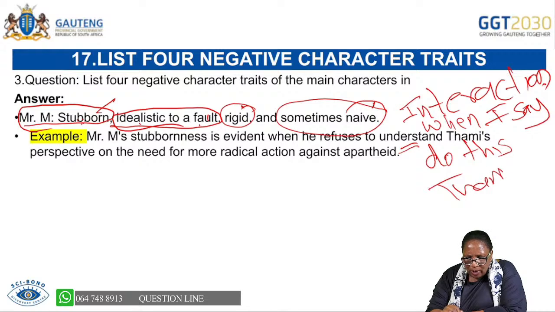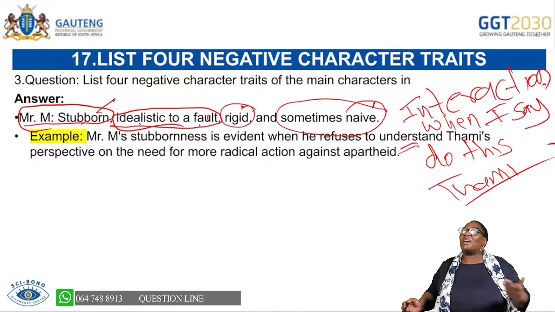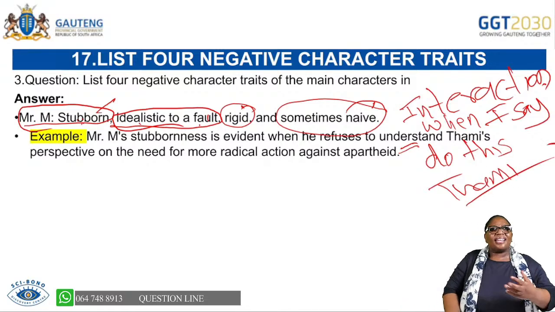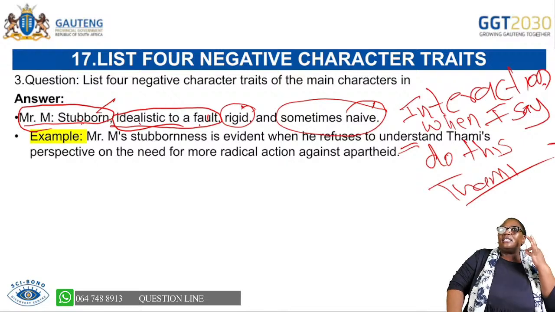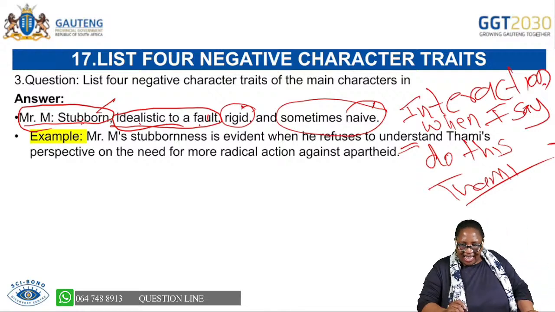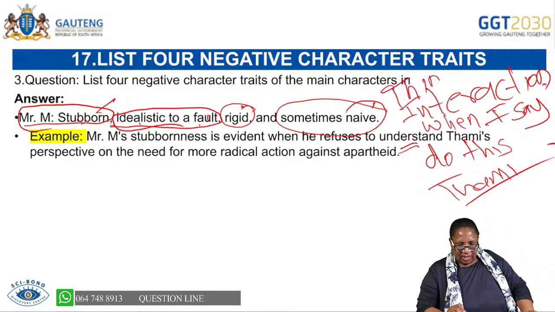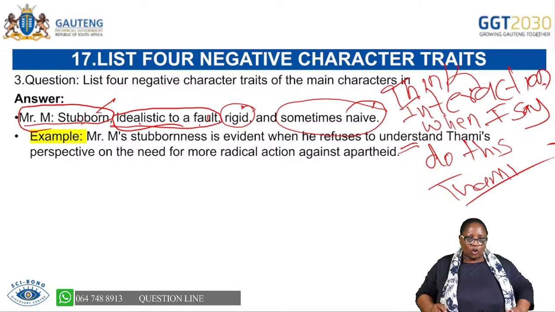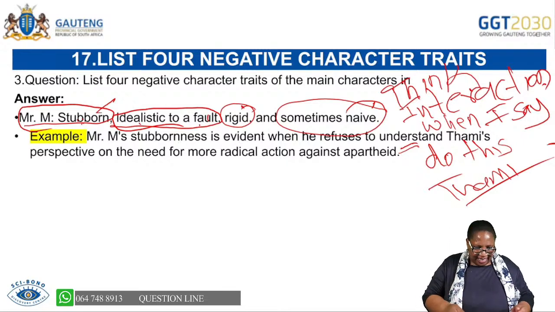Tammy does it without question. That's being naive, isn't it? He does not think that Tammy is a human being who is dynamic, who can think. But he wants to be obeyed just like that.